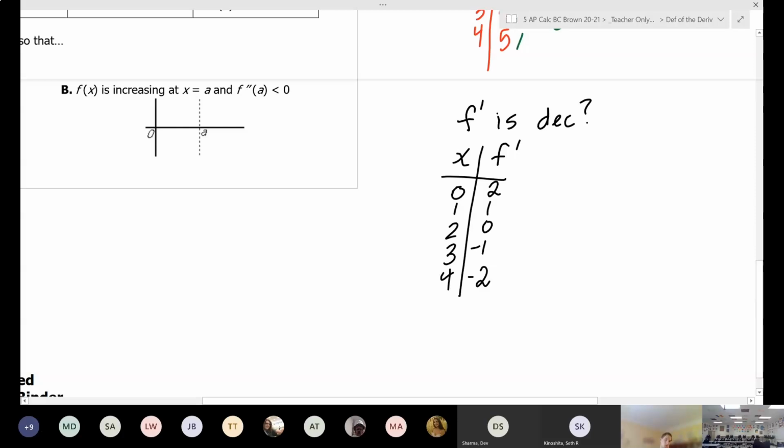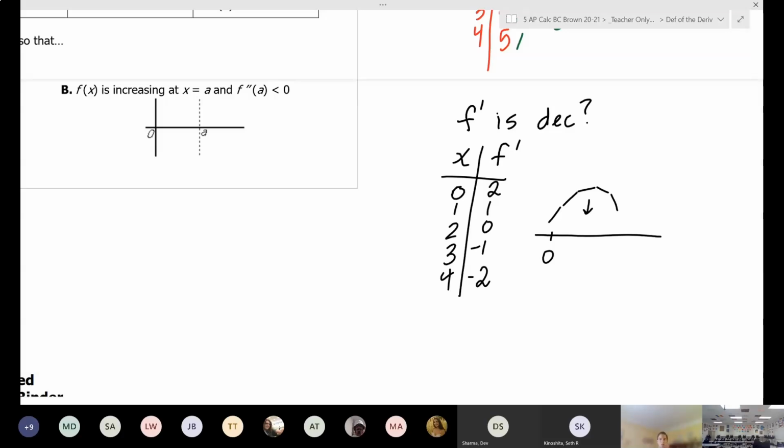Those numbers are decreasing. So if I draw those slopes, again, this is just to prove to you that a decreasing first derivative means it's going to be concave down. I have a slope of 2, a slope of 1, a slope of 0, a slope of -1, a slope of -2, and we can see that it is bending downwards. So there's the reason why it works.